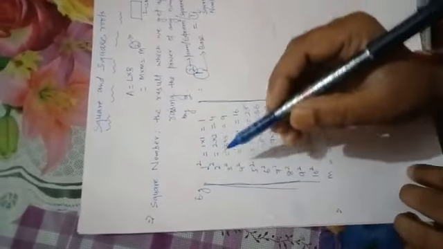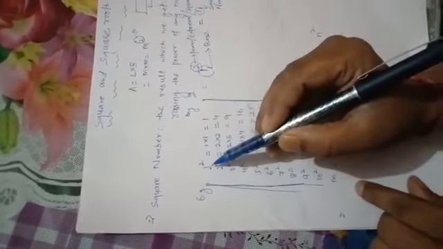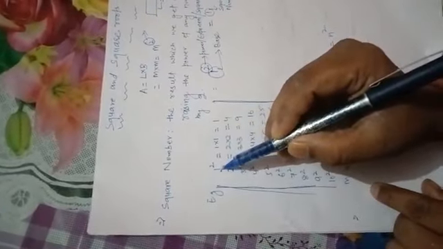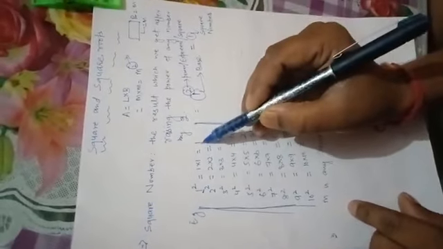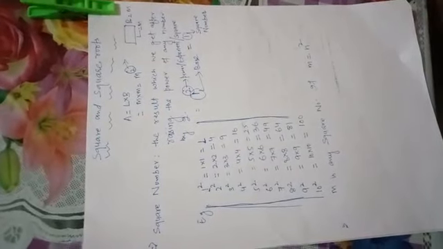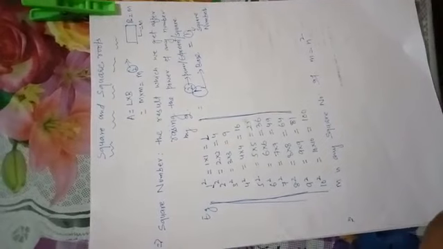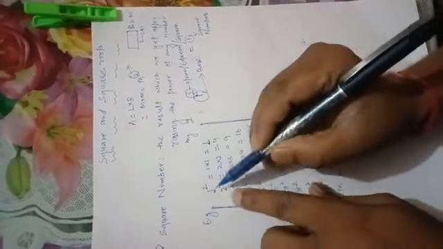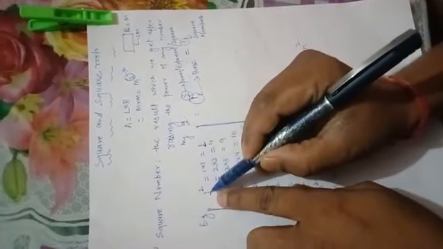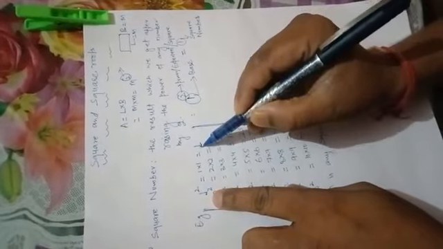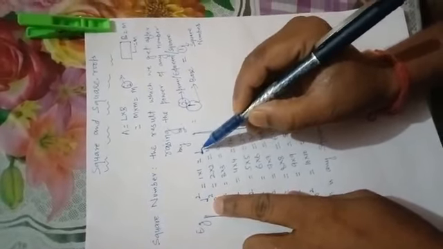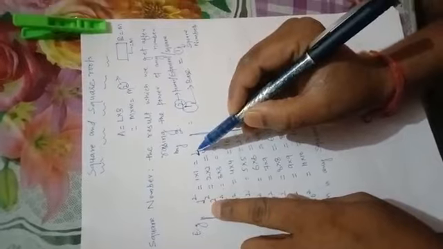Now if you see the digit at one's place of the base and the digit at one's place of the square number, you will find certain similarities. For example, the square of 1 is giving 1 at one's place.